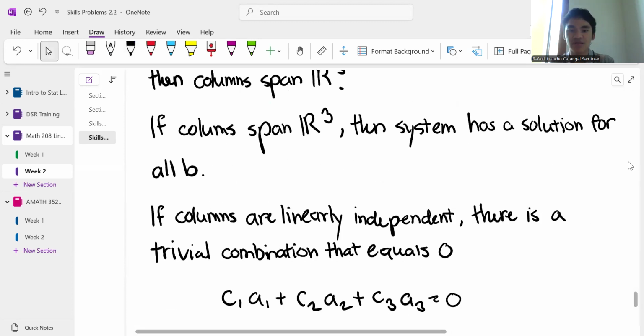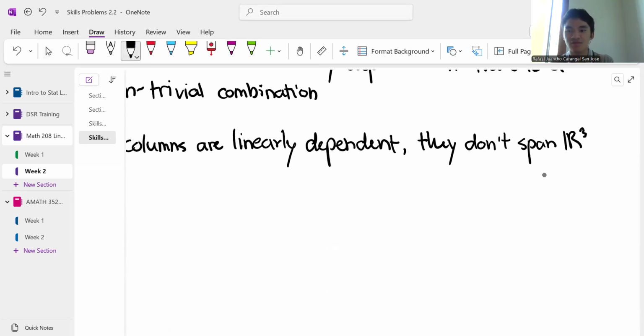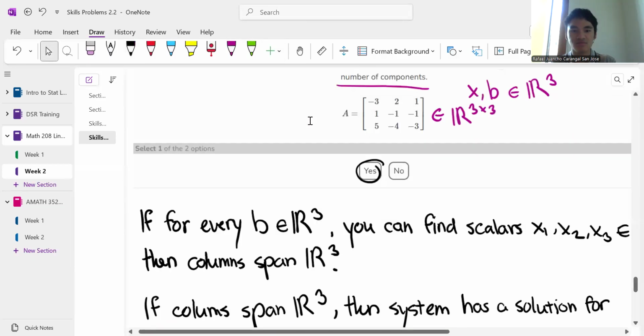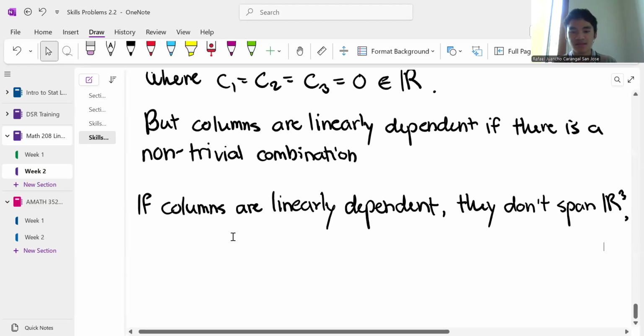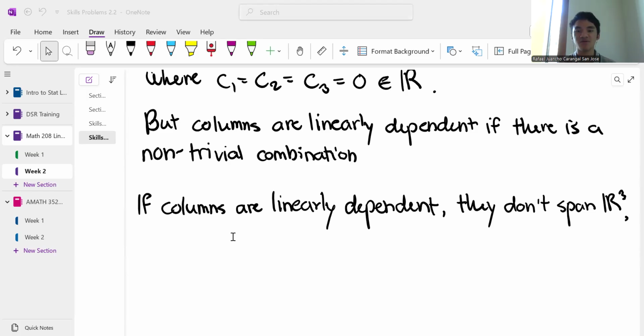And if they don't span R3, right, then the system AX equals B does not have a solution for all B. It only has a solution for B in the span of the columns.